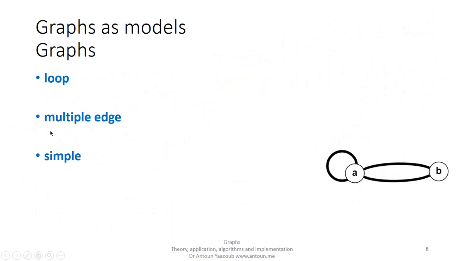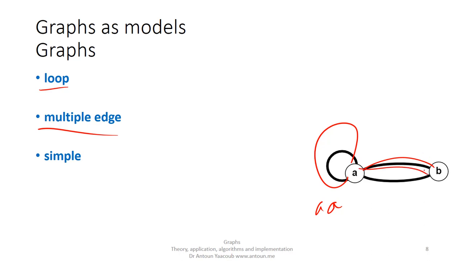A loop is an edge that connects a vertex to itself. For example, here AA is a loop. Also, a multiple edge means that the edge AB appears many times in the set of edges. We know that in a set there is no repetition, but there are some graphs that allow multiple edges.